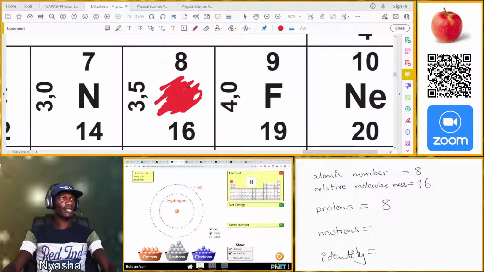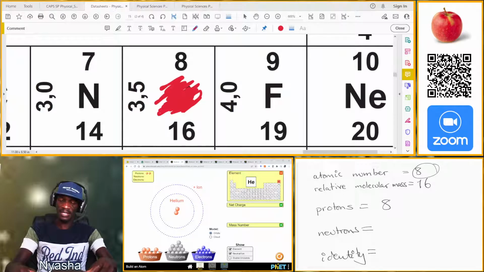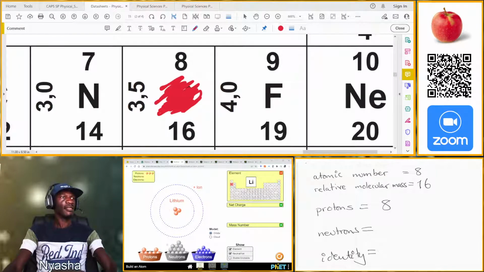Right, so let's put the 8 protons. There we go. 1, right? 2. There are some names that are already being suggested. I guess you can see that. We just want to get to our 8 protons, right? There we go. 3, 4, 5, 6, 7, 8.